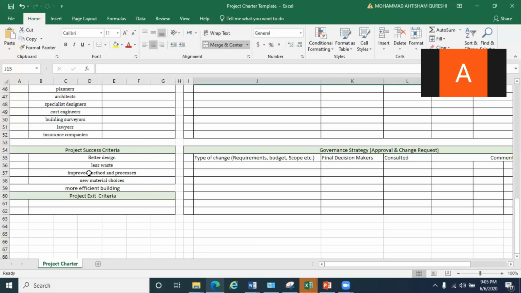We can consider success criteria as scope well defined, fewer change requests, better design, less waste, optimized resources, better control on the cost, better control on the budget, better control on the time. These things are the success factors.